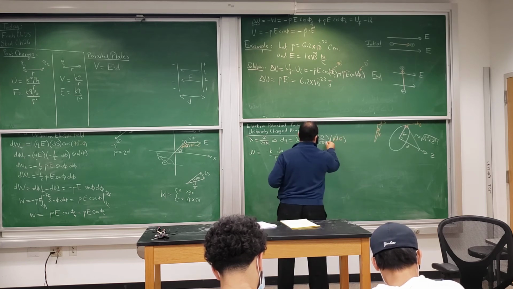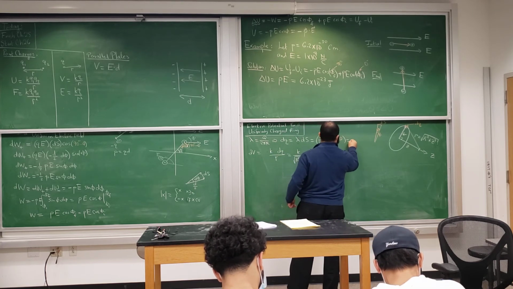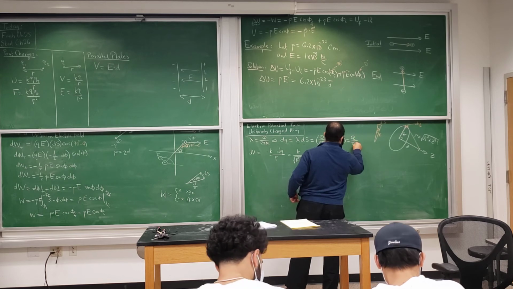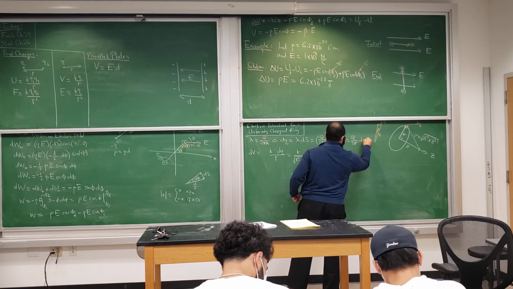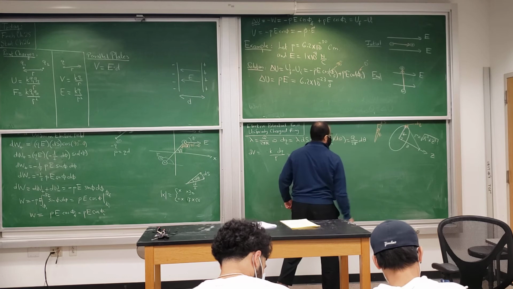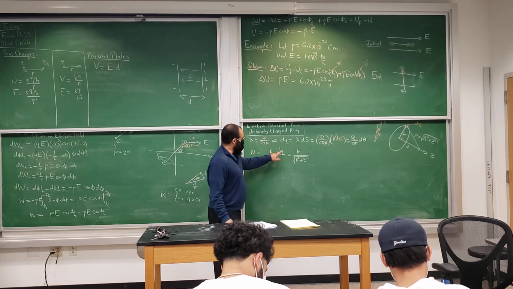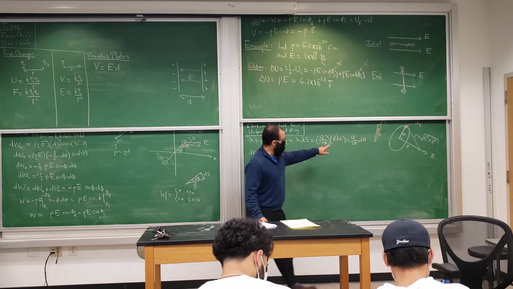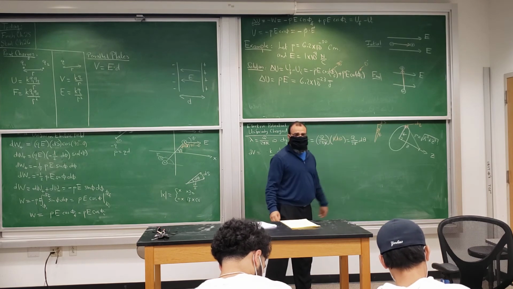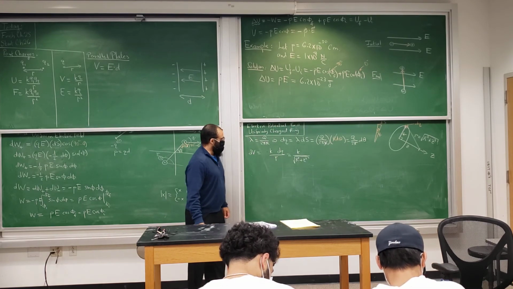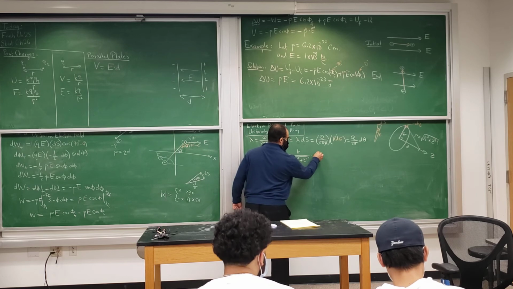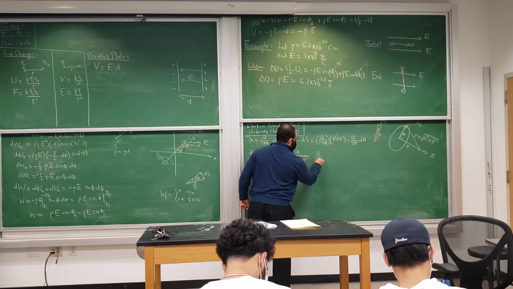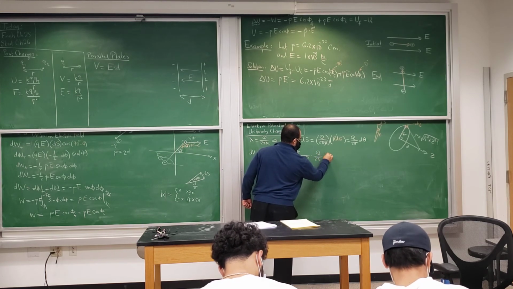Notice the R goes away, so you get Q over 2 pi times d theta. So instead of dq, I'm going to replace it with capital Q over 2 pi d theta.